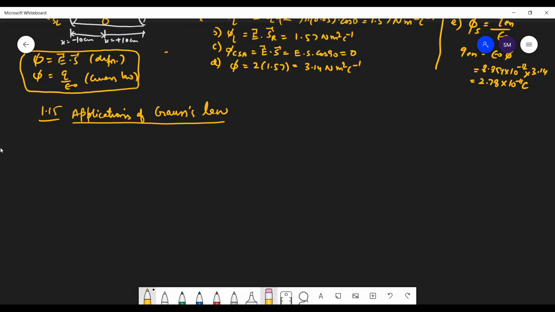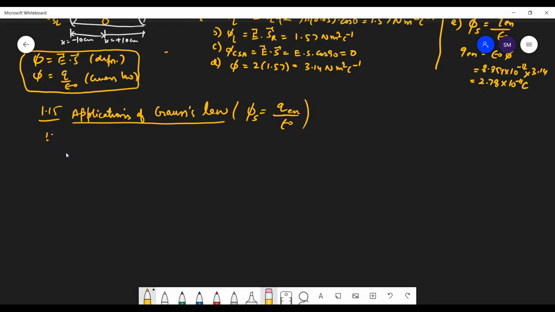And another important topic is applications of Gauss law. This Gauss law, that the electric flux through the surface S is equal to the charge enclosed by the surface S divided by epsilon naught, we are going to apply.